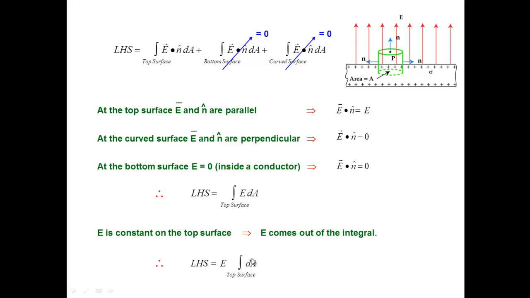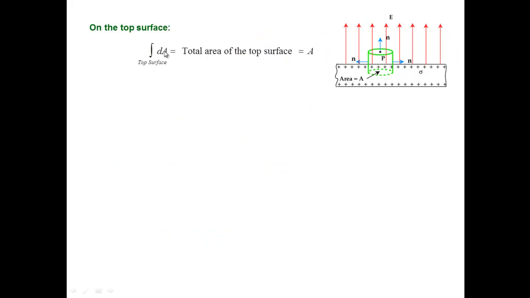So all that's left for us to do is evaluate the surface integral, and that's easy, right? Because the integral of dA on the surface just means adding up all of the area elements to get the total surface area. So the integral of dA is the total area of that top surface, which we've called A in our sketch, which means the left-hand side is just E times A, where E is the electric field on that surface.